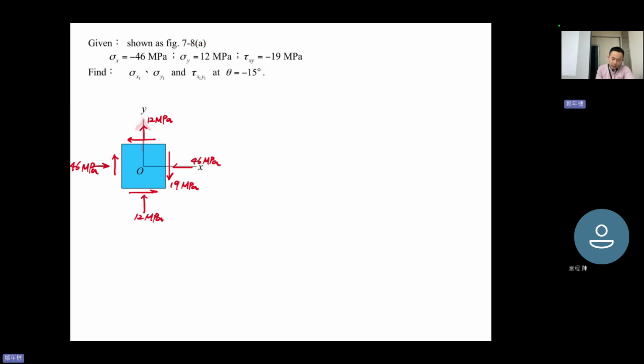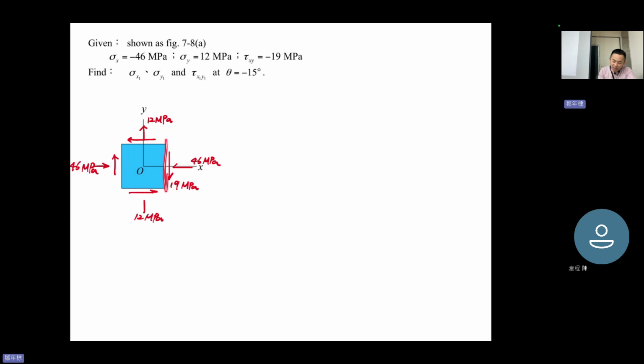This is tension. And tau xy is minus 19. How to make it minus?